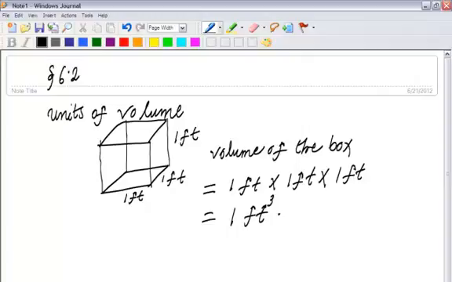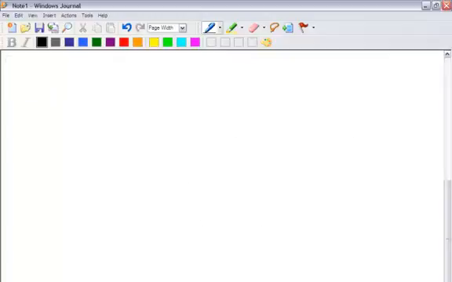Okay. All right. So remember that last time we had these formulas, like 1 foot is the same as 12 inches. So what would be 1 cubic foot?